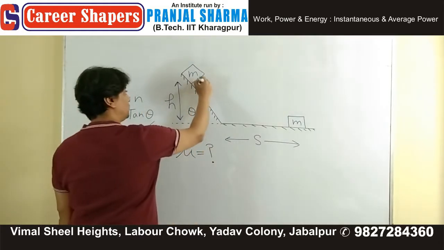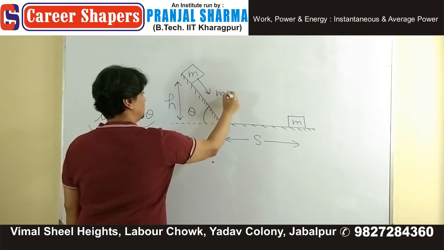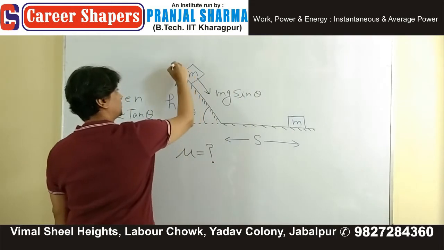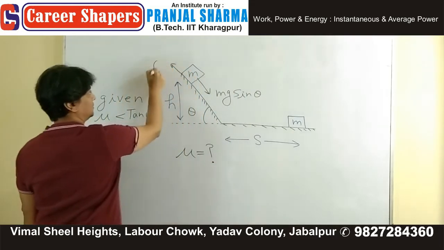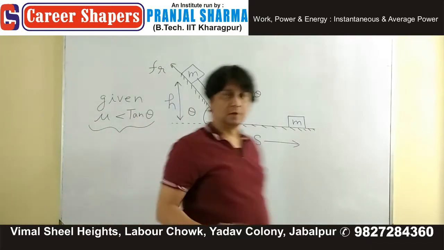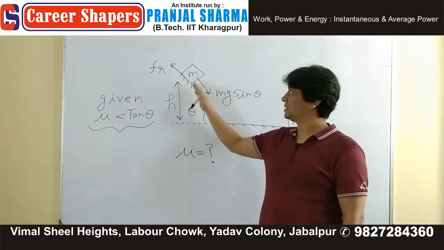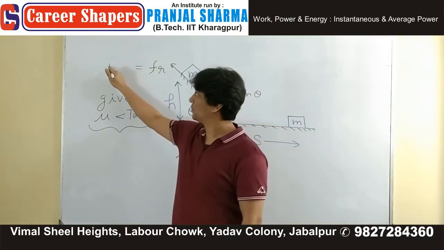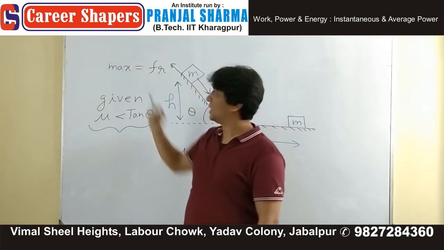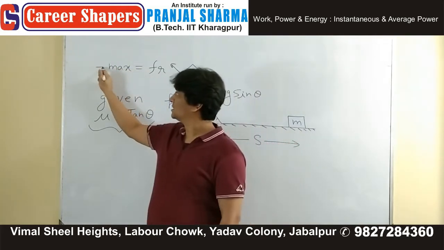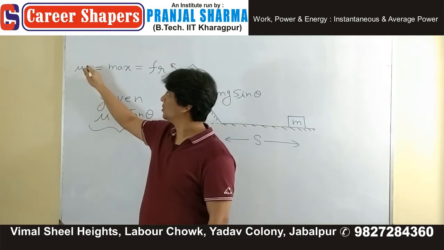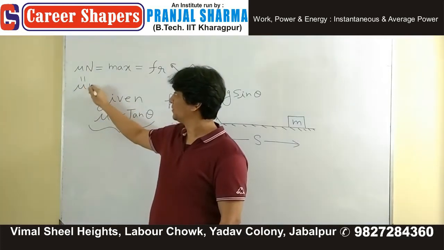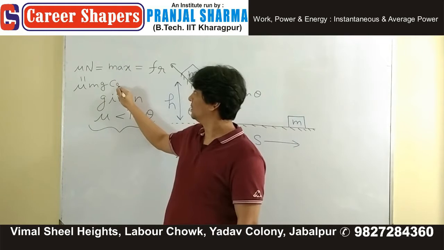The downward force is mg sine theta, and the moment you release it, it starts sliding down. Whenever things slide, friction becomes maximum. What is the maximum value of friction? Mu n. What is n for an inclined surface? Mg cos theta.